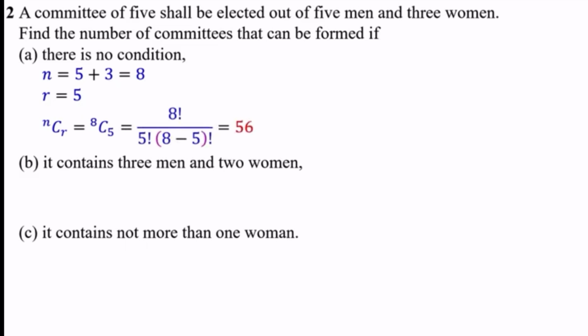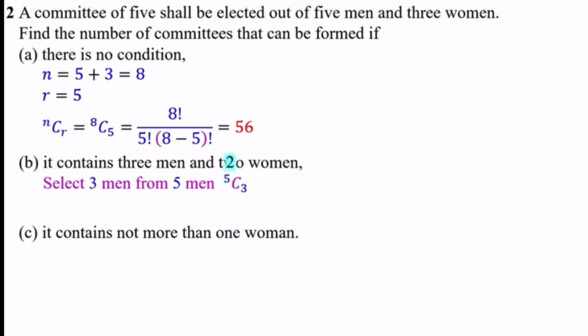For the combination with condition B, it contains 3 men and 2 women. So we need to do the condition by selecting 3 men first, followed by choosing 2 women. We have a total of 5 men, so we choose 3 men first.